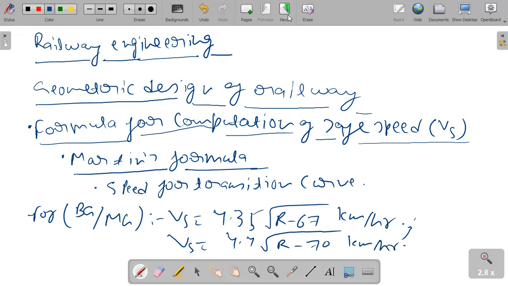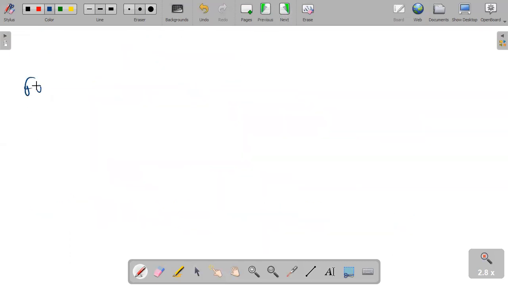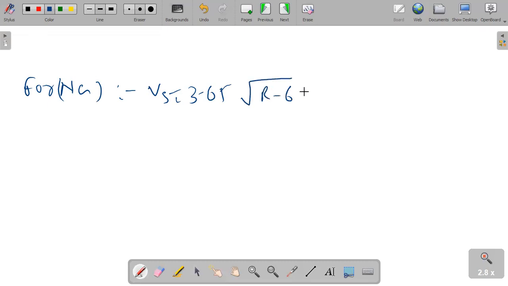For narrow gauge, Vs is equal to 3.65 under root R minus 6 kilometer per hour, and in narrow gauge the safe speed is a maximum of 50 kilometer per hour. So this is about speed for a transition curve.